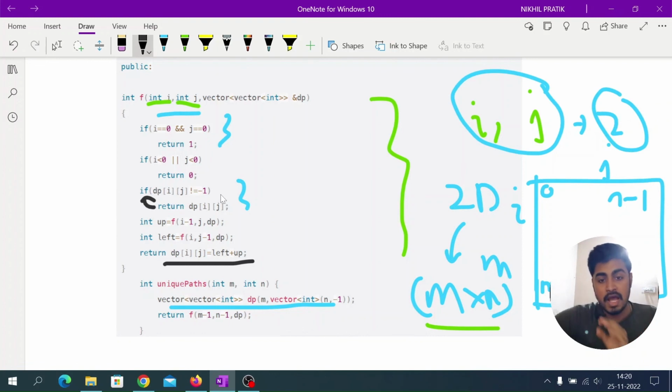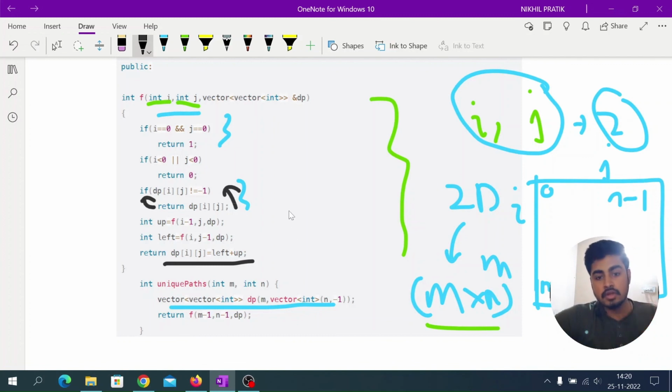If it had a value other than -1, it would have already returned from here. But as it has a value of -1, we can guarantee that this function hasn't been solved.